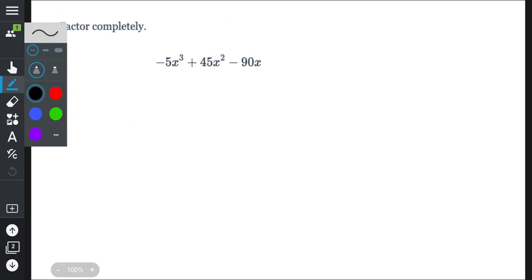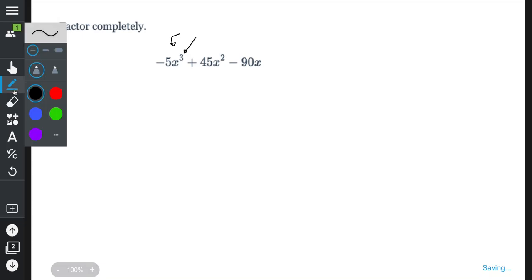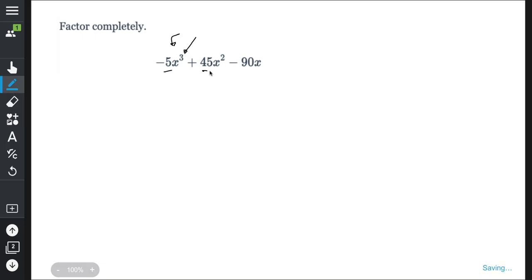Let's talk about the GCF of this trinomial. If you have a negative multiplying to the term that has the biggest exponent, which is 3, and they usually write that first, your GCF should be negative. Okay? Now, I think hopefully you can tell that that GCF is going to be 5, because 5 goes into itself, but also 45 and 90.